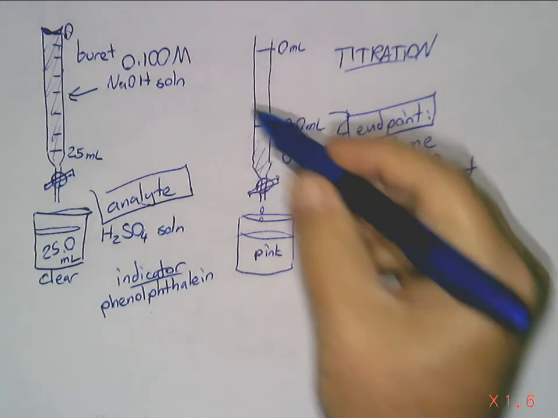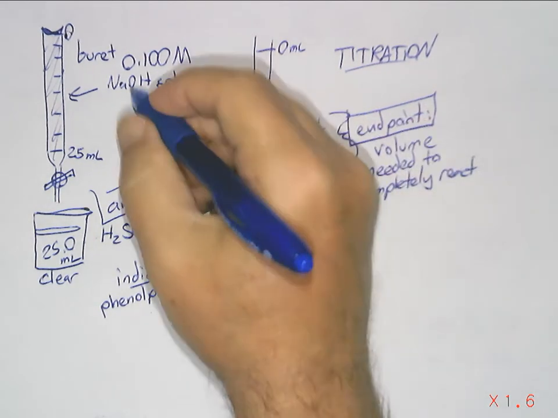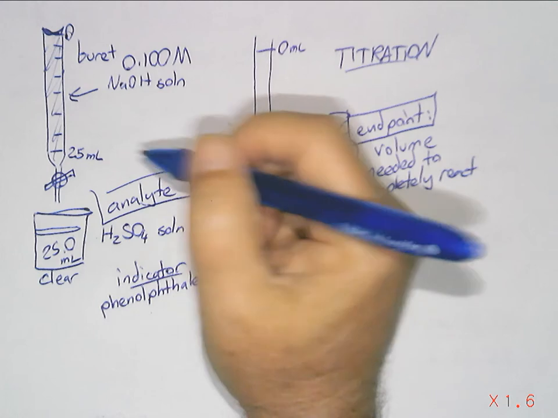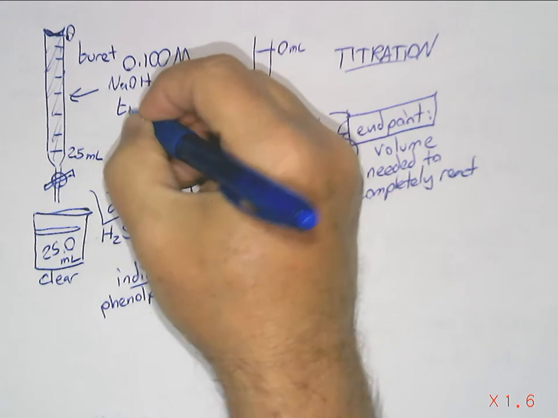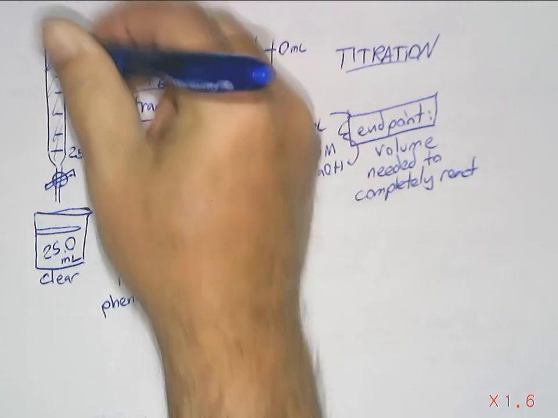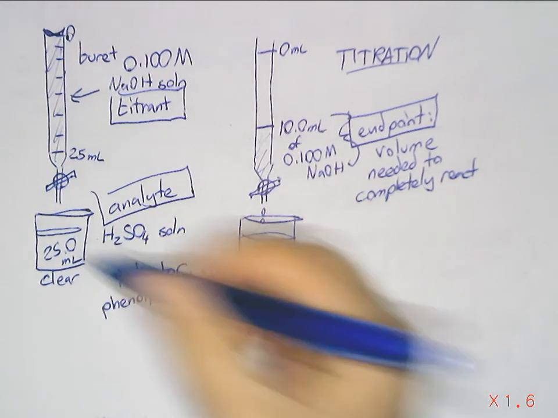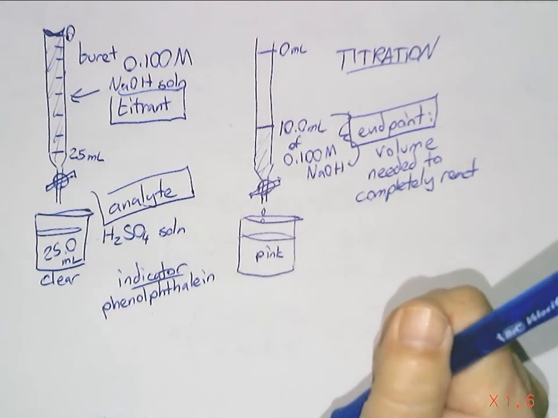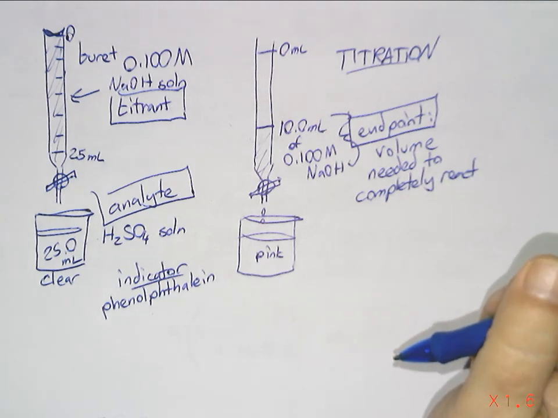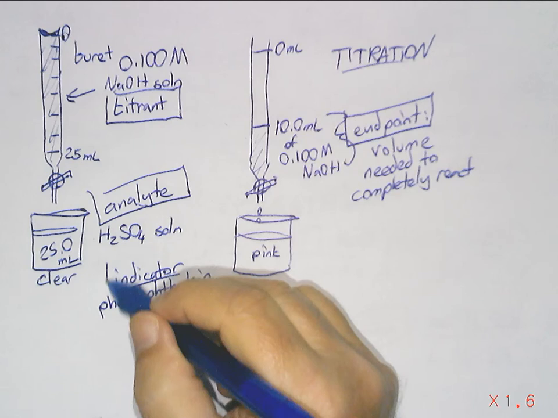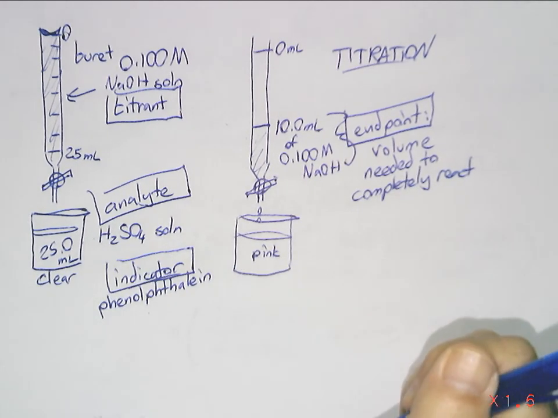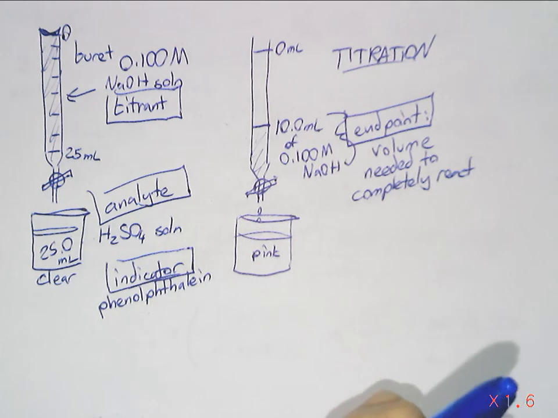And here's another vocabulary word. They call the stuff that has known concentration that you load up into the burette the titrant. So the stuff in the burette is the titrant. The stuff you're dribbling it into is usually the analyte. And the endpoint is the volume of that solution that you need. The indicator is the dye that you put in there that signals the end of the reaction. Know those 4 definitions.